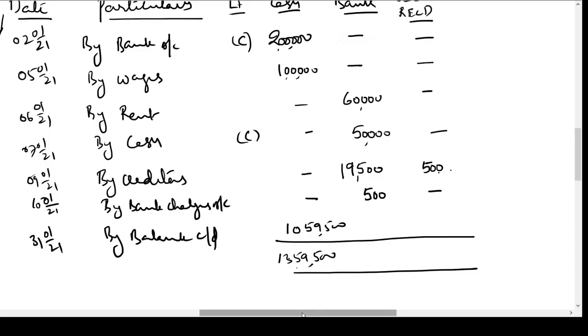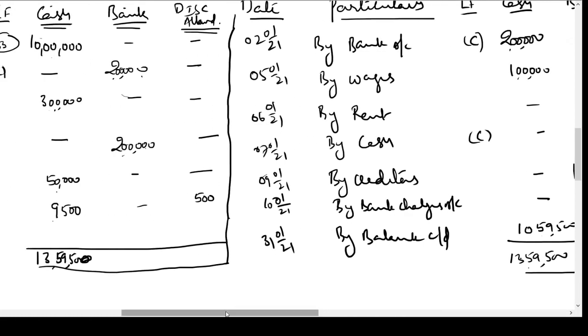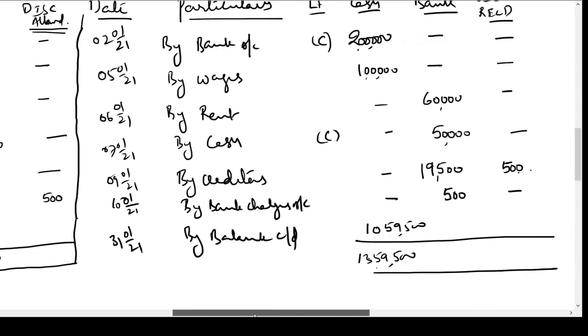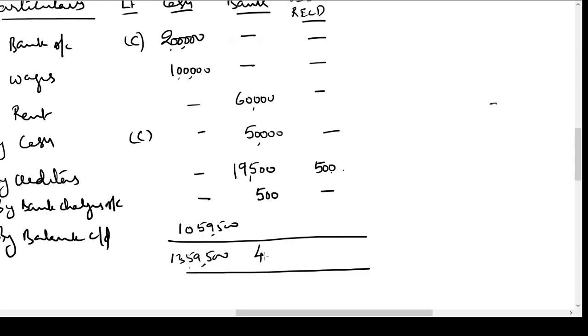So the total of the payment side, withdrawal side is only 1,30,000. So the higher side is the deposit side, 4 lakh. I'll write here 4 lakhs. Out of this 4 lakh, subtract whatever we have withdrawn. 1,10,000 plus 20, 130 we have withdrawn. So we'll be left with 2,70,000. Okay. So this 2,70,000 is the balance left in the bank column.